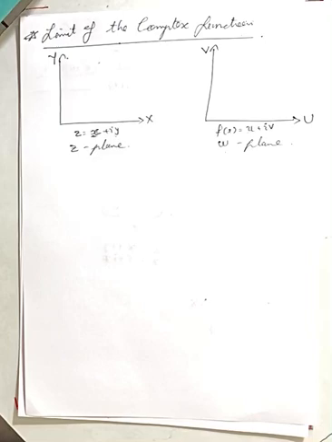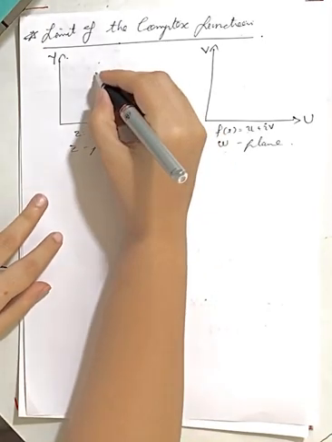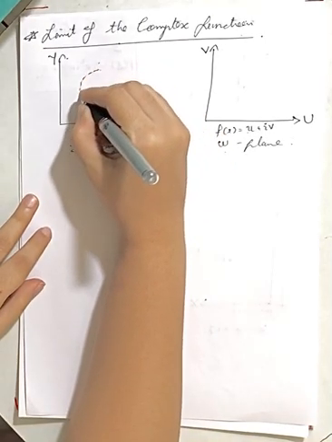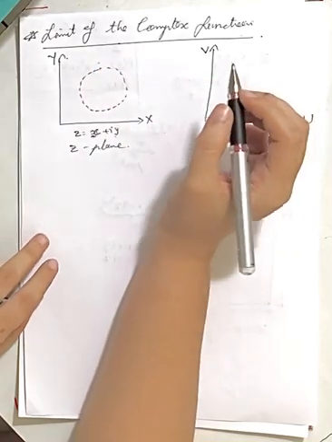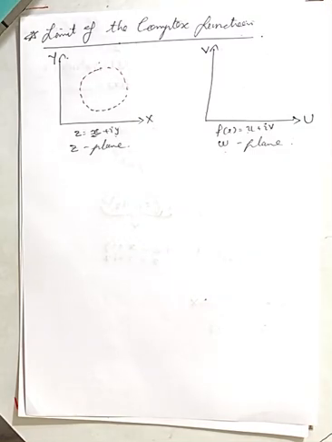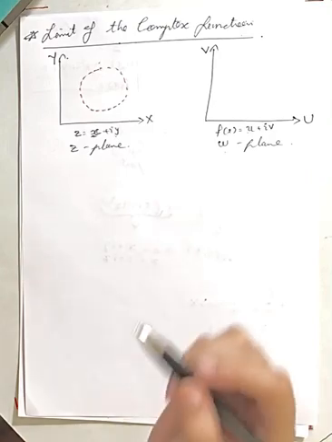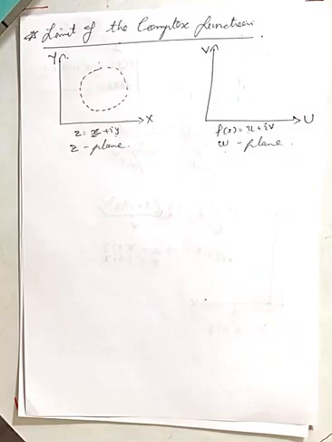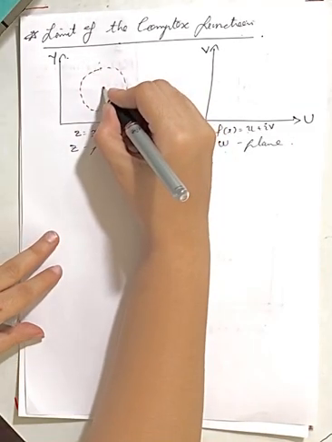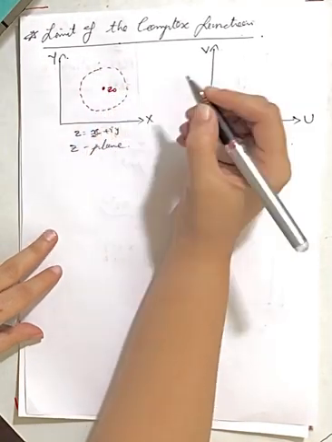Now let me define some random region in this z plane, and in this region we have the center as z0.